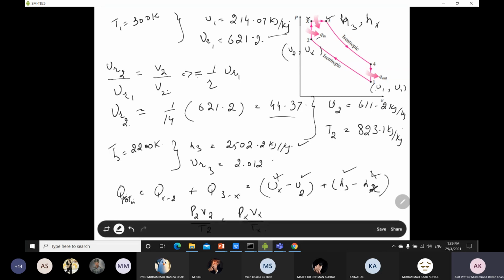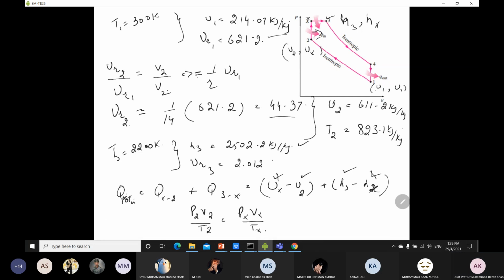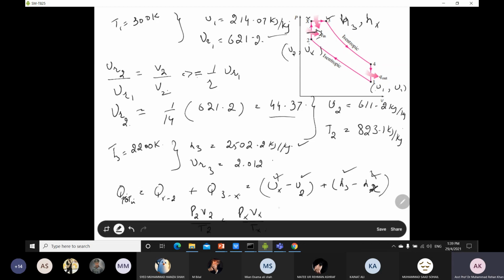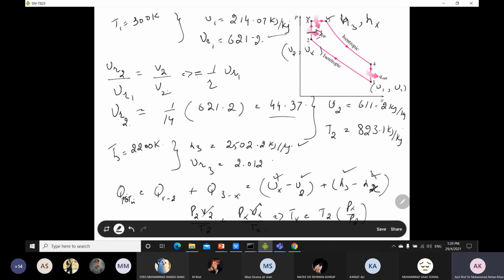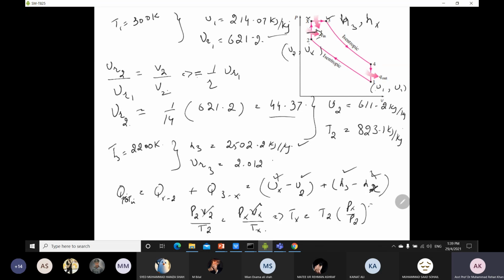I'll add this relation for points x and 2. Because it is a constant volume process, the volume will automatically eliminate, and from here I can say Tx is equal to T2 times Px over P2, and this Px over P2 is available from your problem statement, which is 1.58.